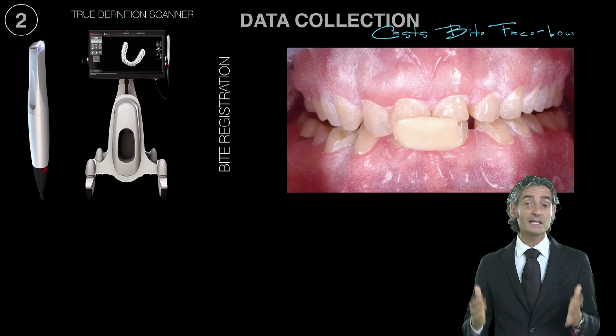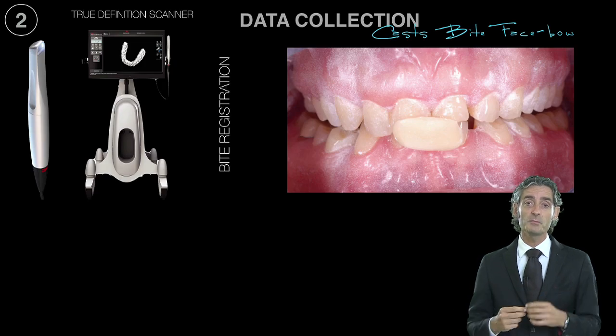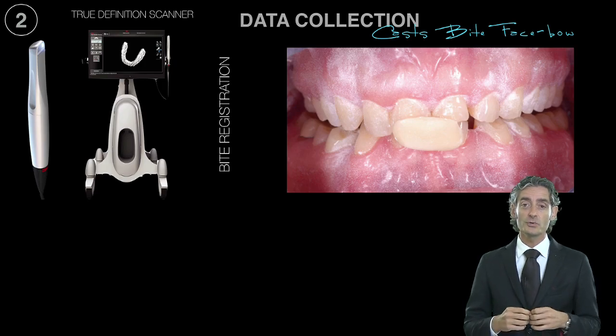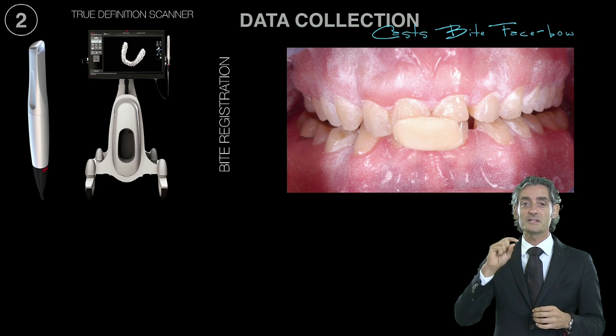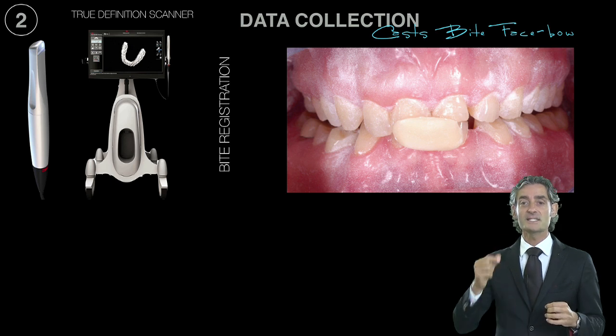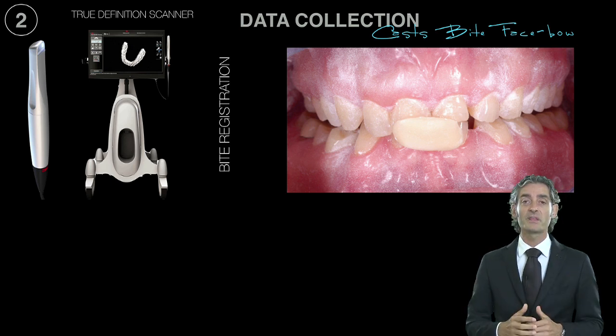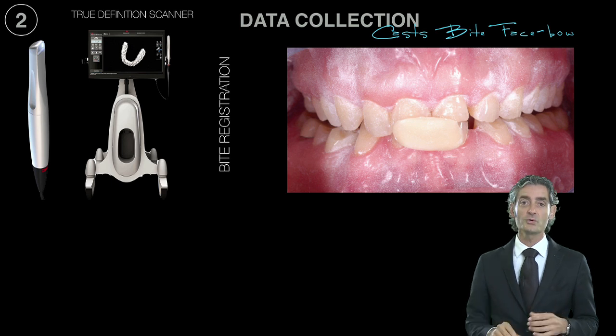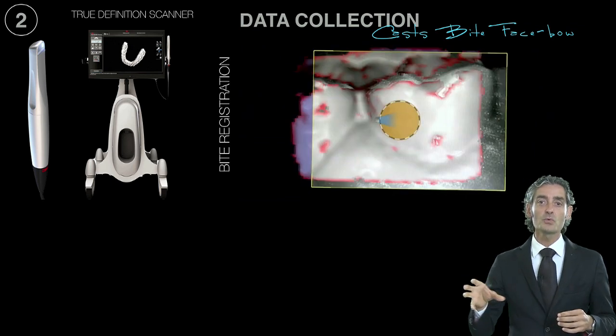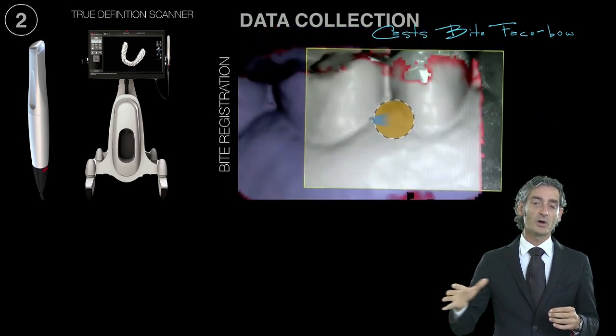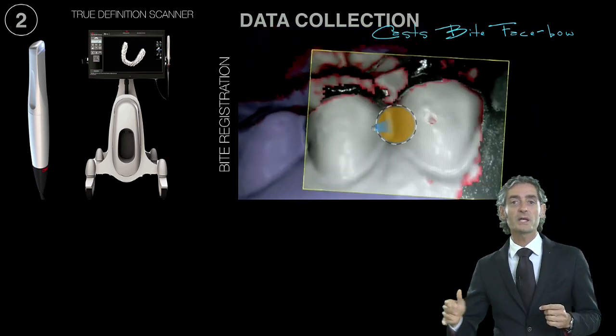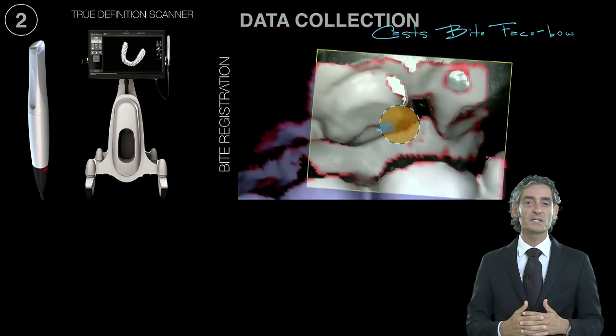And if we consider the digital path, can we do the same? Exactly, we can do exactly the same. We are not using the plastic foil, but as you can see here, we use the anterior deprogrammer at the right vertical dimension in CR position, exactly the way we checked the CR position before. Then we scan the two arches together, going first from the lower one to the upper one, or in the opposite way, it doesn't matter.